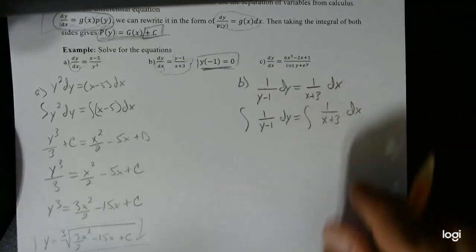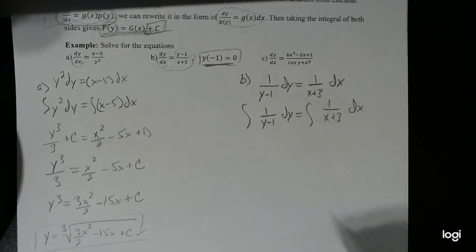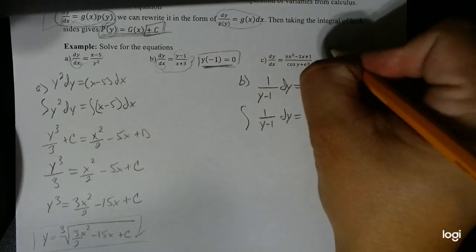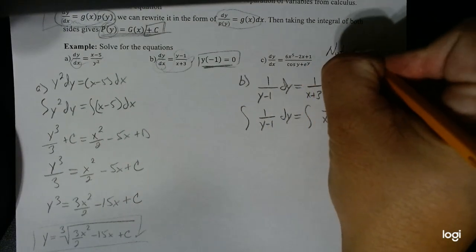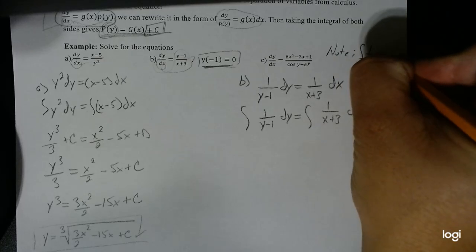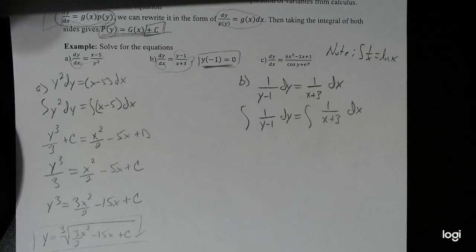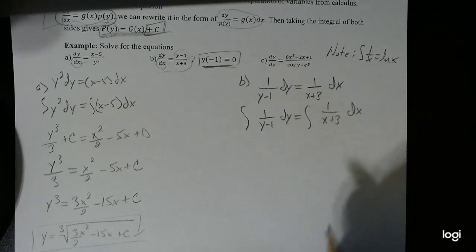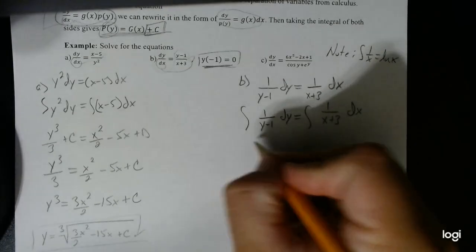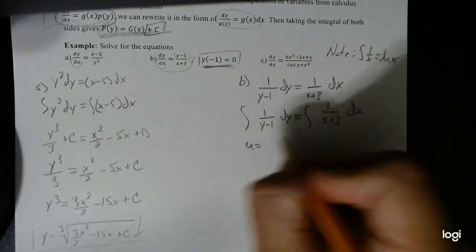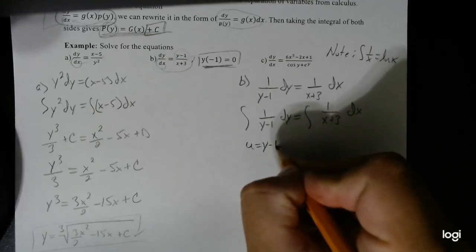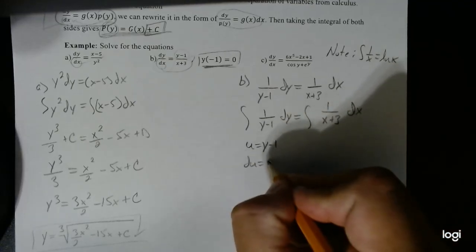Now we take the integral of both sides. This is going to be a trend going forward, so a quick note if you don't remember: the integral of 1 over x is ln of x. That's exactly what we have to do here. The only difference is technically it's a u substitution, but it's natural log. U equals that, and then our derivative is just going to be 1.